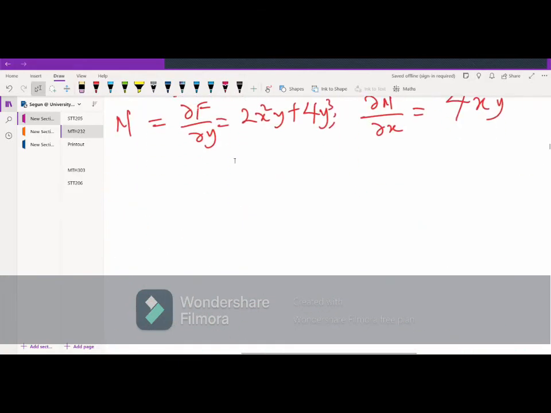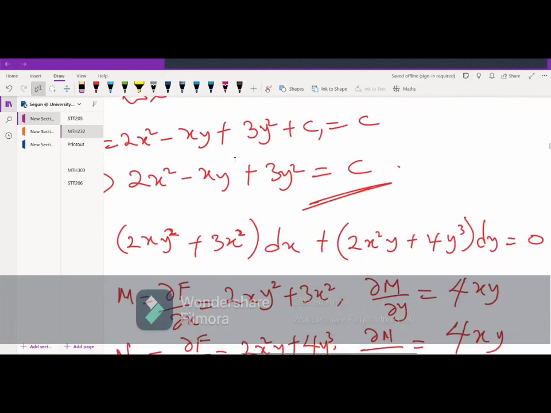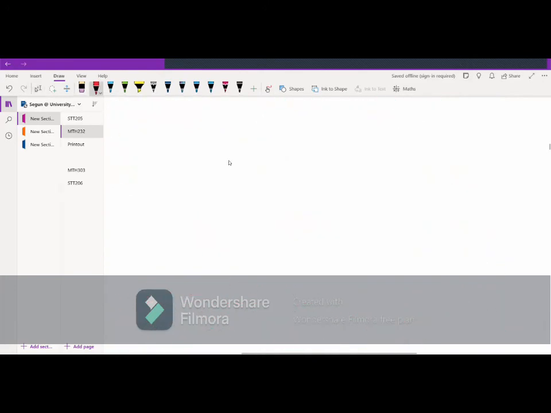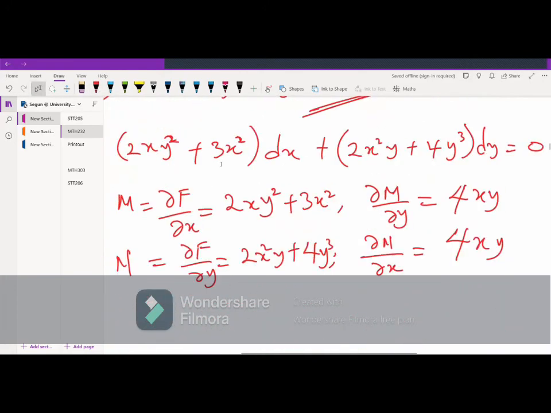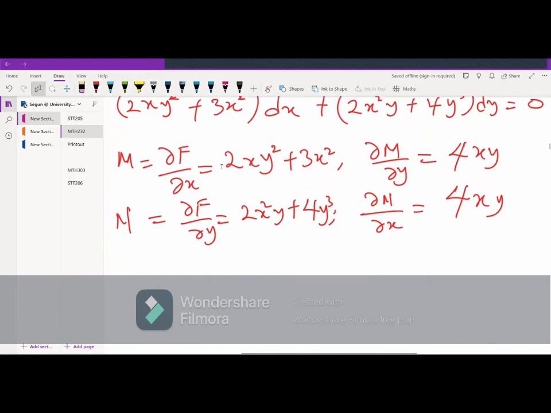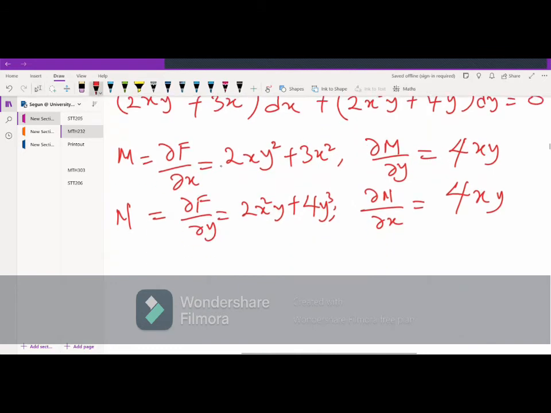So if I'm to integrate with respect to y, I'm going to use the F dy, which would now be equal to 2x squared y plus 4y cubed.